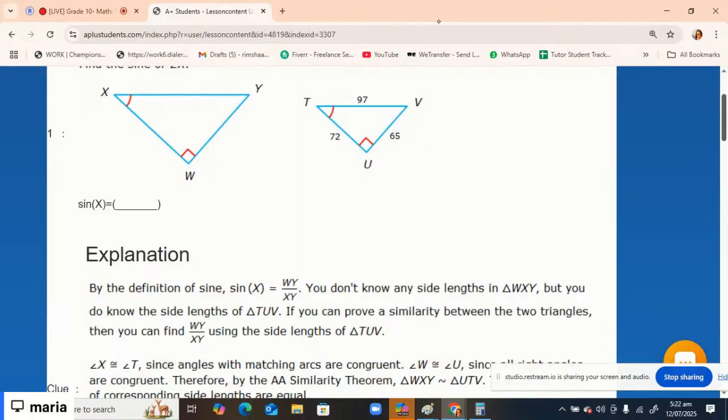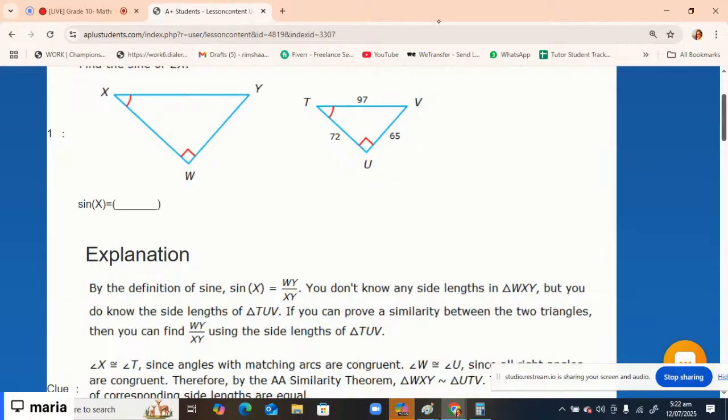Okay, so angle X is equal to angle T, both are the same according to this. Then these are the angles, and angles with matching arcs are congruent.